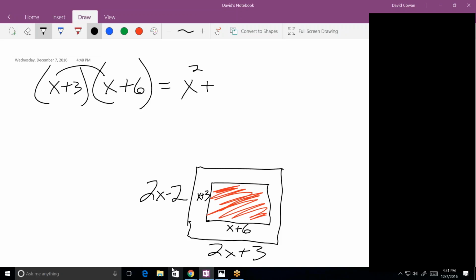Now, FOIL happens to go in the exact order that I like. You start with the first term and multiply it by both. So the first term is x squared, the second term is x times 6. Now I'm done with this x, so next thing to consider is the 3. Next term is 3 times the x. Last term is 3 times the 6. Simplify that.